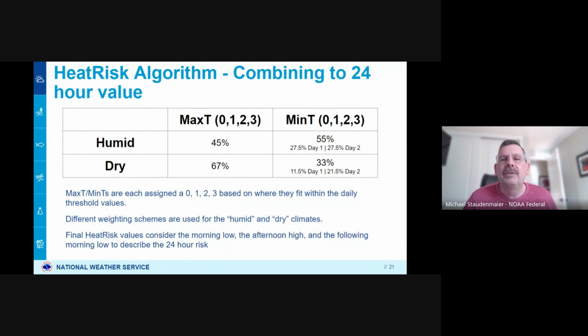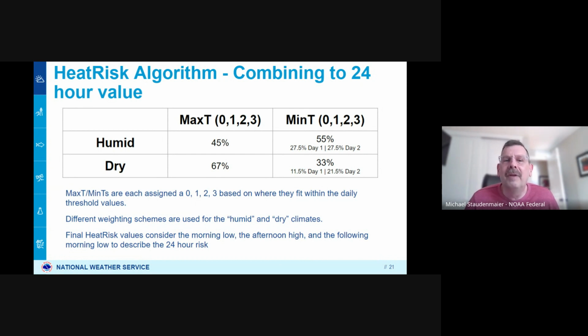For humid climates where humidity plays a significant role in modifying the feels-like temperatures, that combination involves having the minimum temperatures on either side of the afternoon high providing 55% of the overall 24-hour value. The contribution for the afternoon high accounts for the other 45%. In dry climates, the impact of heat stress from the afternoon temperatures is generally much more substantial than that from humidity.